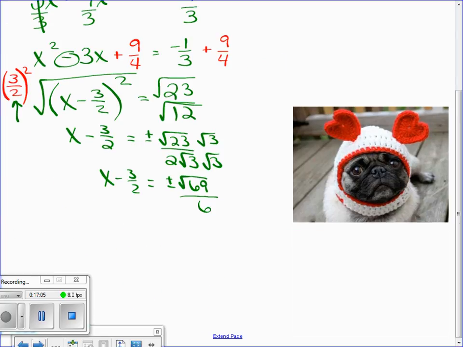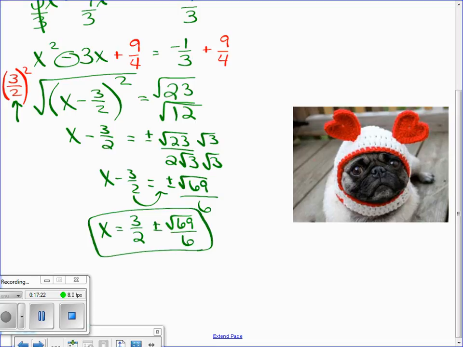Just extend your page. And last step, we have to move that. So 3 over 2 plus or minus radical 69 over 6.